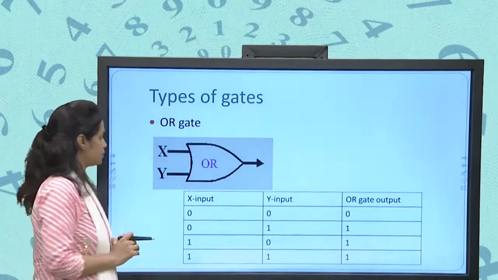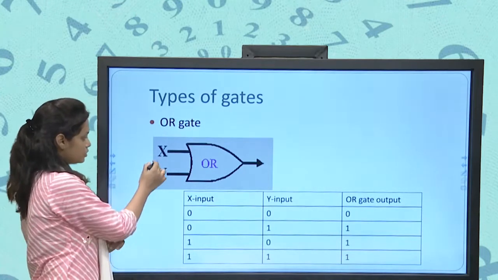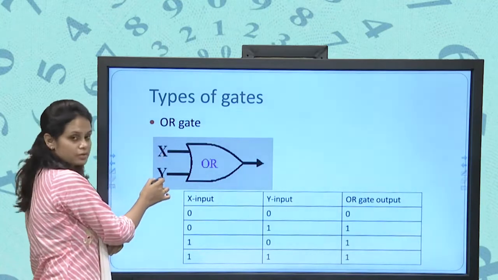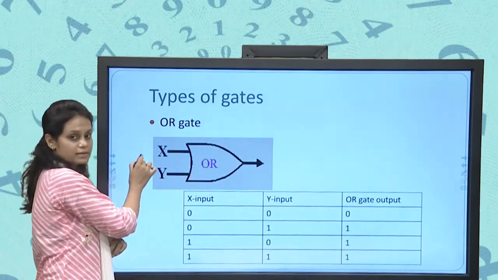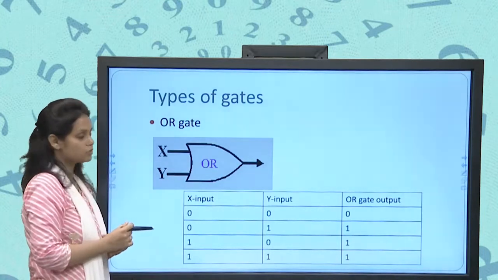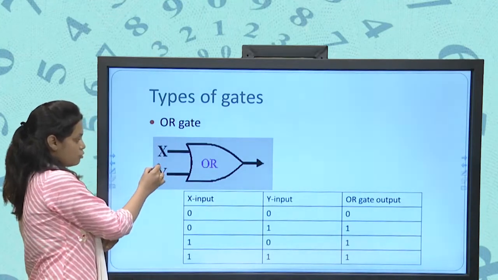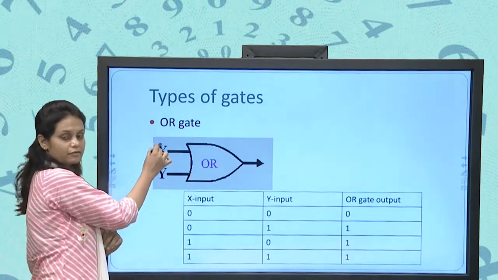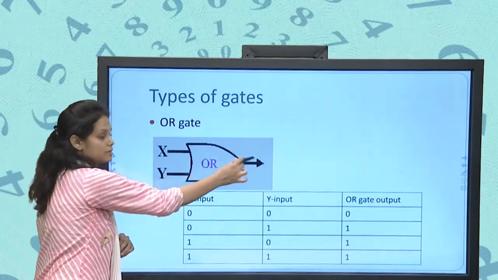We will see the example. If x is 0, y is 0, output is 0. If x is 1, y is 0, output is 1, because at least one bit is 1. If x is 0, y is 1, output is 1, and if both x and y are 1, output is 1.